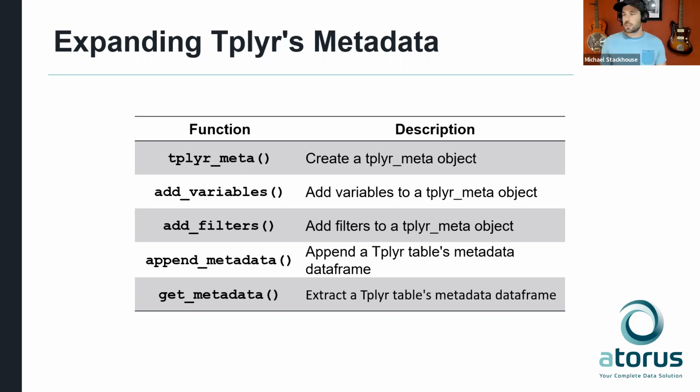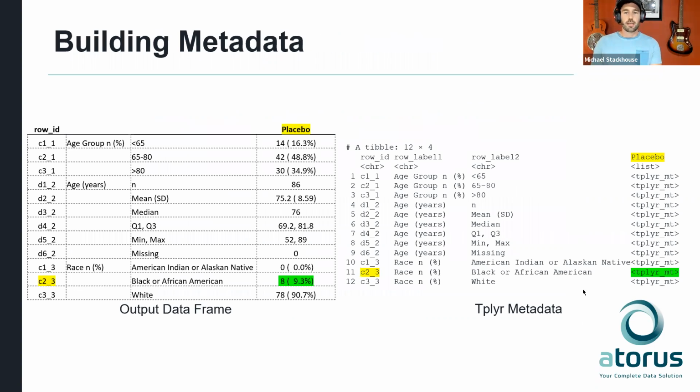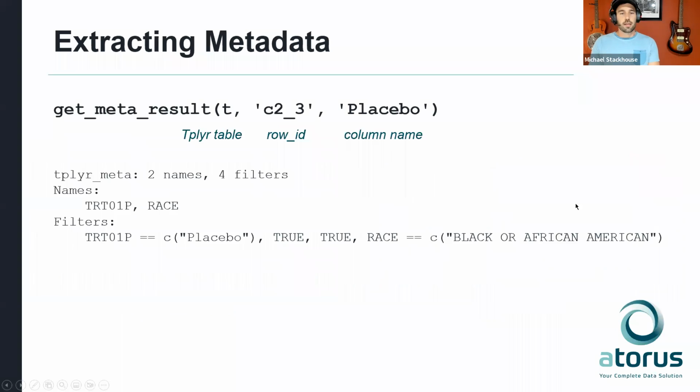Additionally, as you'll see as I go through and in breakout 3, what you ultimately want to do is create that metadata data frame or expand the metadata data frame that sits behind tplyr. So going back here, let's say that you're creating your own set of metadata as a lookup table. What you need is a row ID and the columns available, and then you look this up from within the data frame.